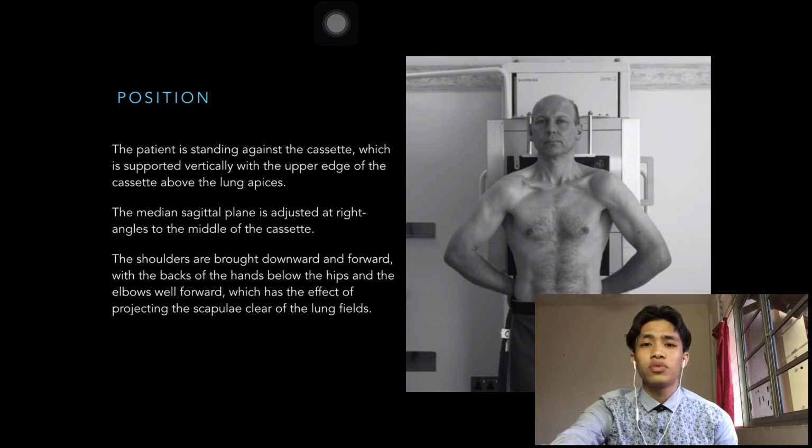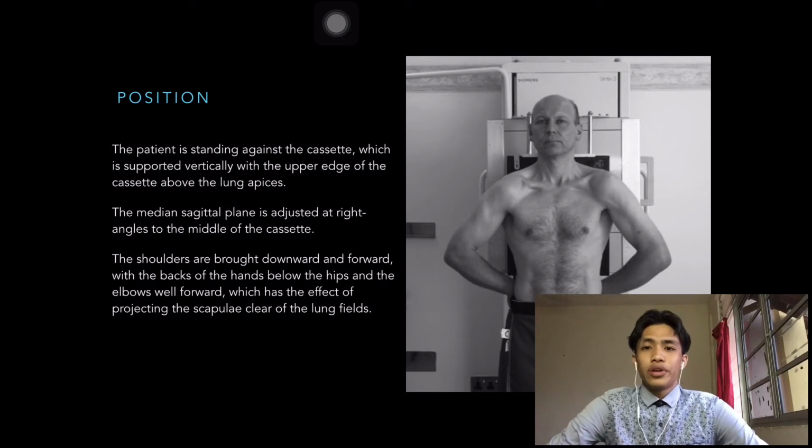We just want the chest only. The shoulders are brought downward and forward, with the backs of the hands below the hips and elbows forward. This is very important because it has the effect of projecting the scapulae clear of the lung fields, so the image will be clearer.